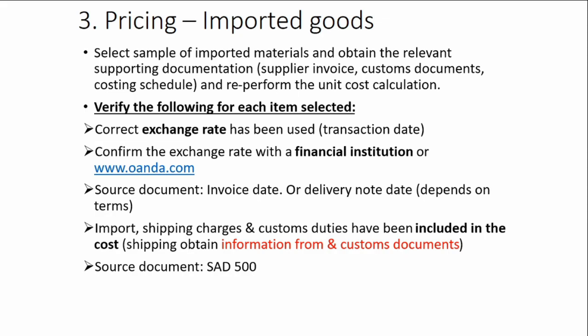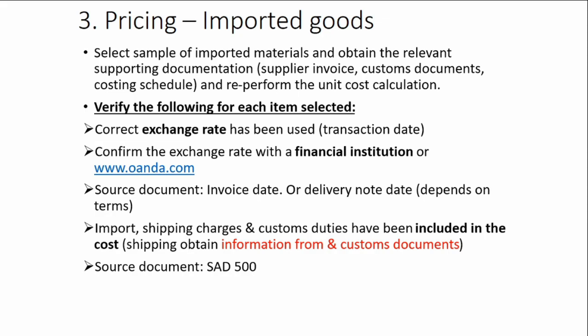But in addition to that, we have to identify any import or shipping costs. Now, with imported goods, we know that there will be shipping costs. So this is a given. We can do that by looking at the SAD documents, which is the South African import duty documents. When we look at the import duties, it's called the SAD 500.